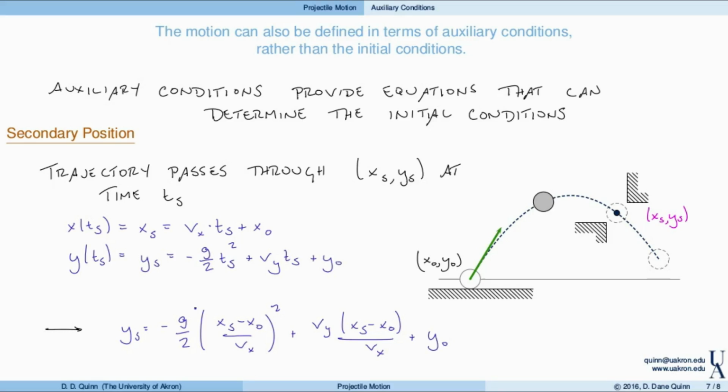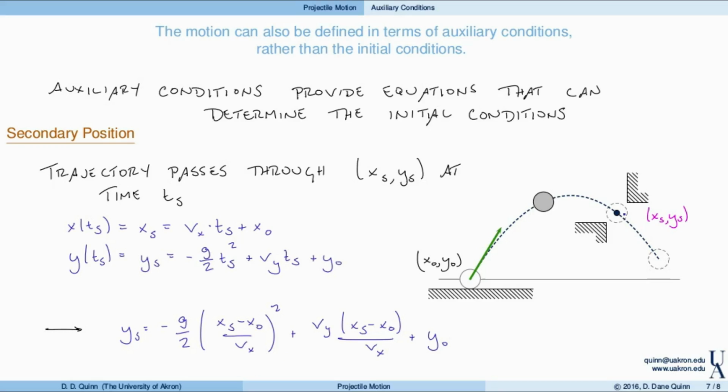This gives us a single equation where we have removed the time ts to relate the desired final position, namely xs and ys, to the initial conditions, x naught, y naught, vx, and vy. So we might be able to use this equation to solve, for example, for the unknown initial velocity required to pass through this point.